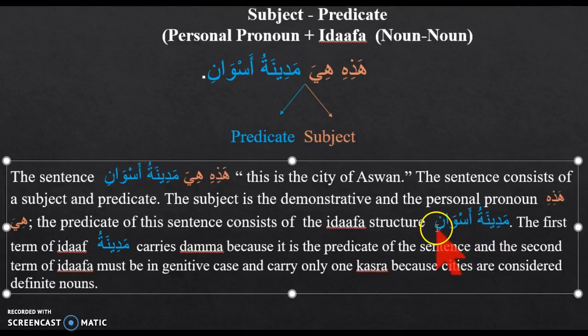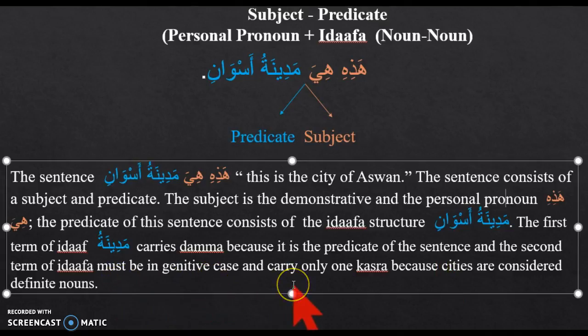مدينة أسوان. The first term of إضافة, مدينة, carries only one dhamma because it's the predicate of the sentence. However, the second term or noun of إضافة must be in a genitive case.